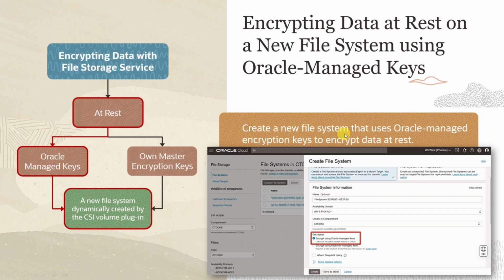To create a new file system that uses Oracle managed encryption keys to encrypt data at rest, we must go to the OCI file storage service, and under the create file system window, we must select the encrypt using Oracle managed keys within the encryption setting.